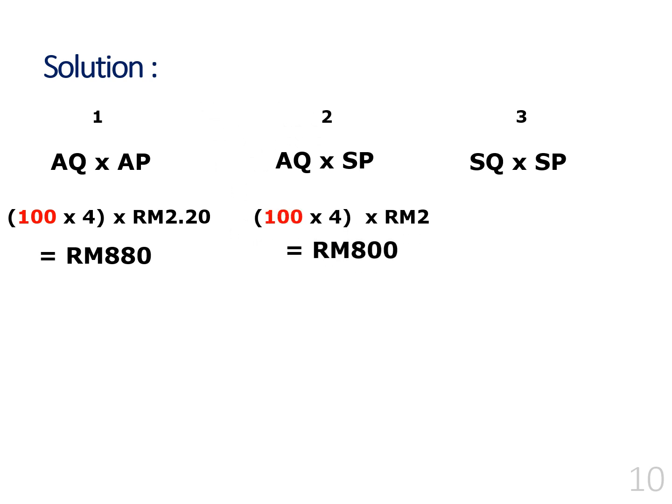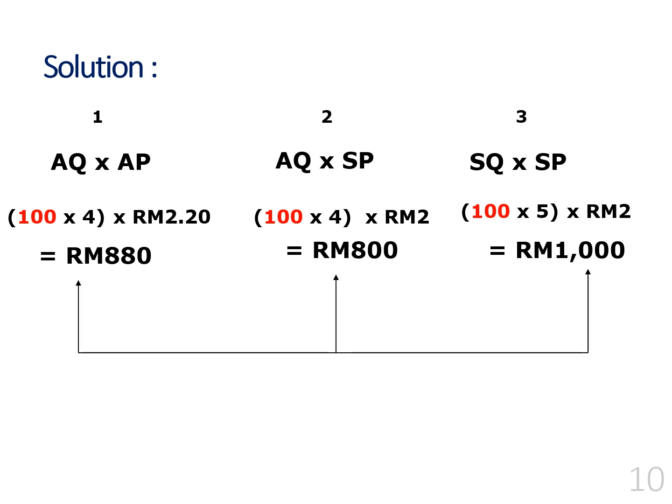So equals to RM 800. And for third group, SQ, the standard quantity equals to 100 units times 5 kg times SP 2 ringgit. So equals to RM 1000.